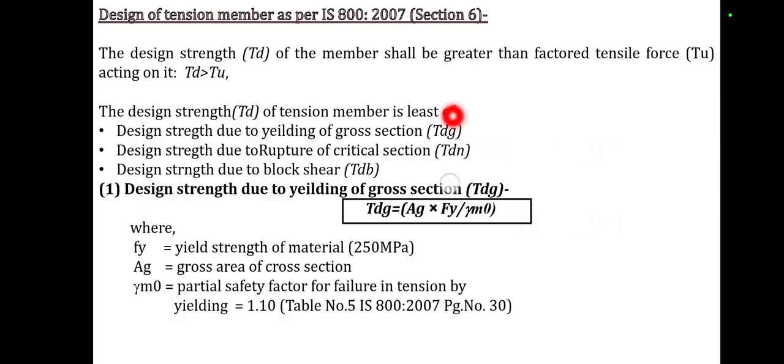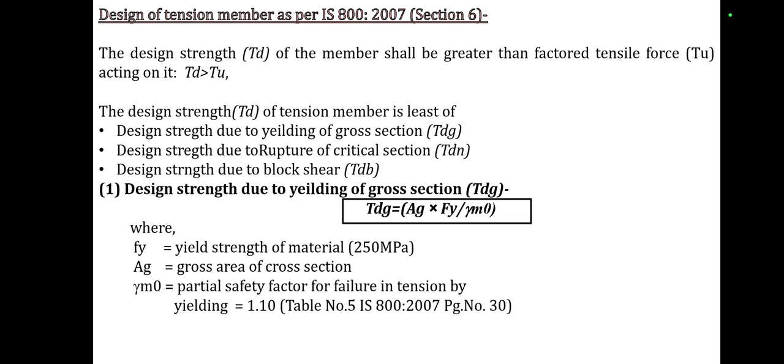For the design of a tension member, we utilize section number 6 of IS 800:2007. Friends, we know that a tension member can fail due to yielding of the cross section, rupture of the critical section, and block shear.